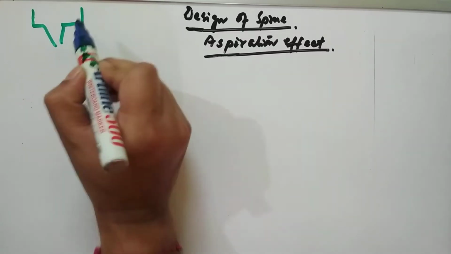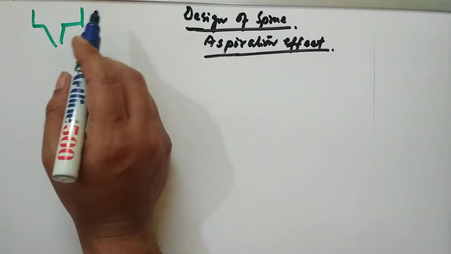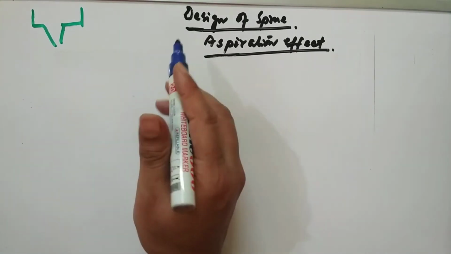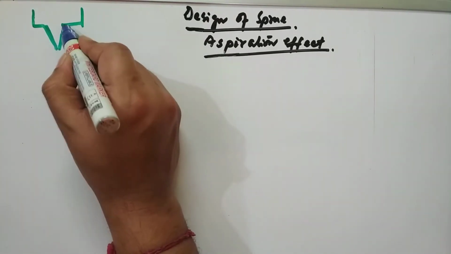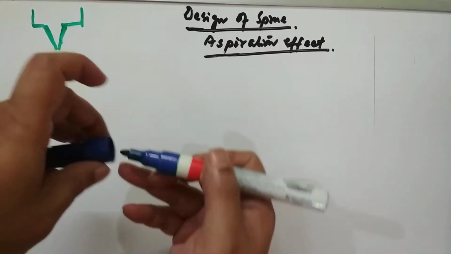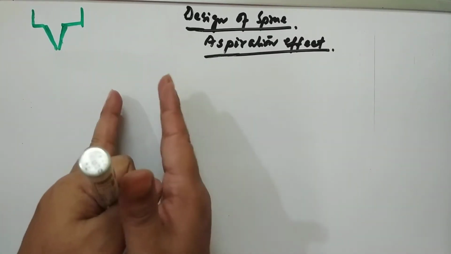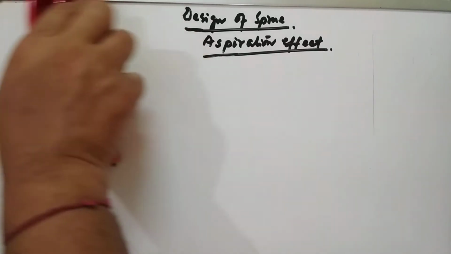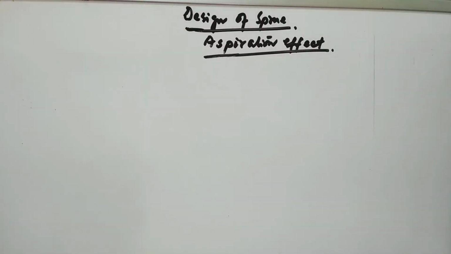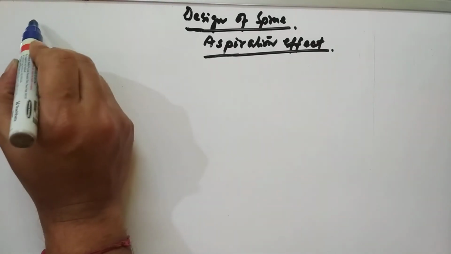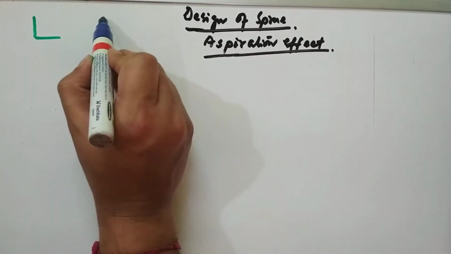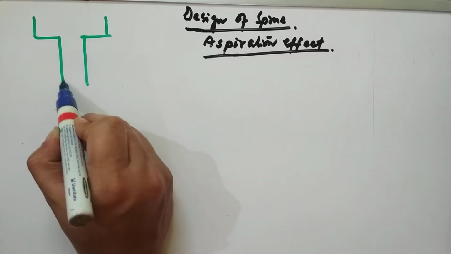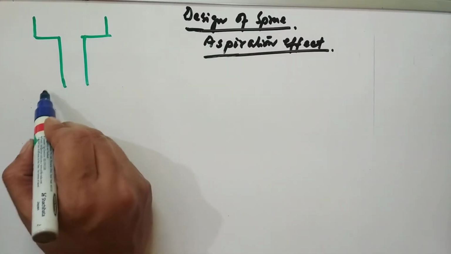Okay, now look, what I have drawn for the sprue is a conical shape, but we don't know how a sprue should be designed. So today we will start with a sprue having constant diameter. It will look like this one, a parallel cylindrical shape, you can say.